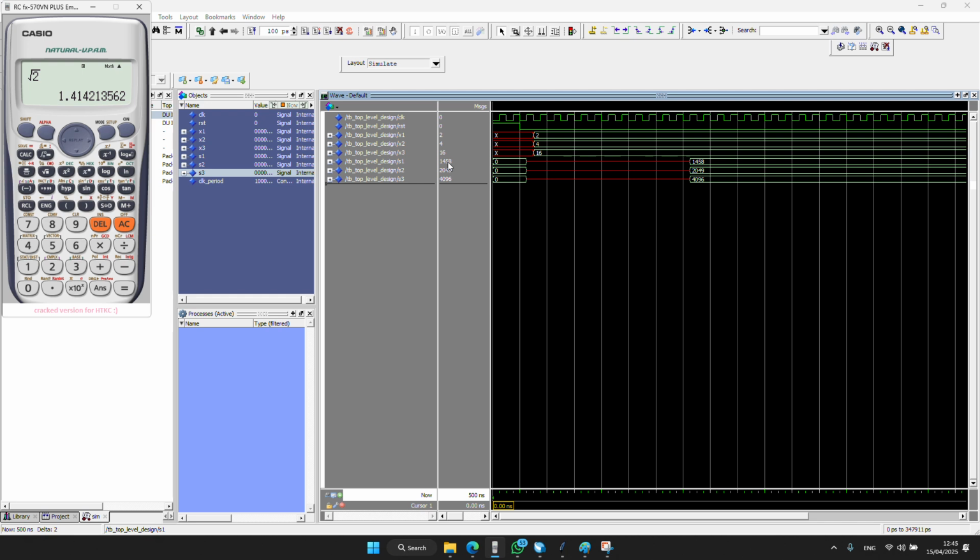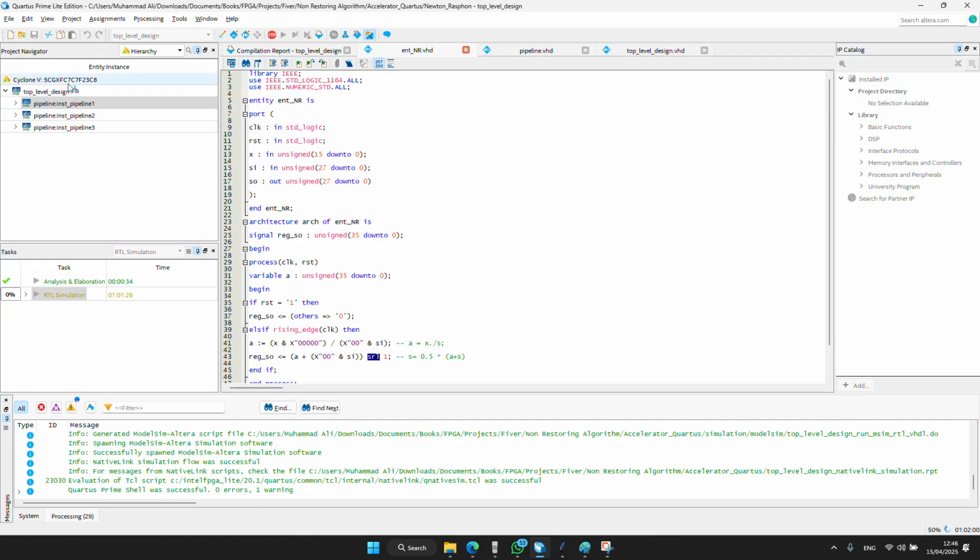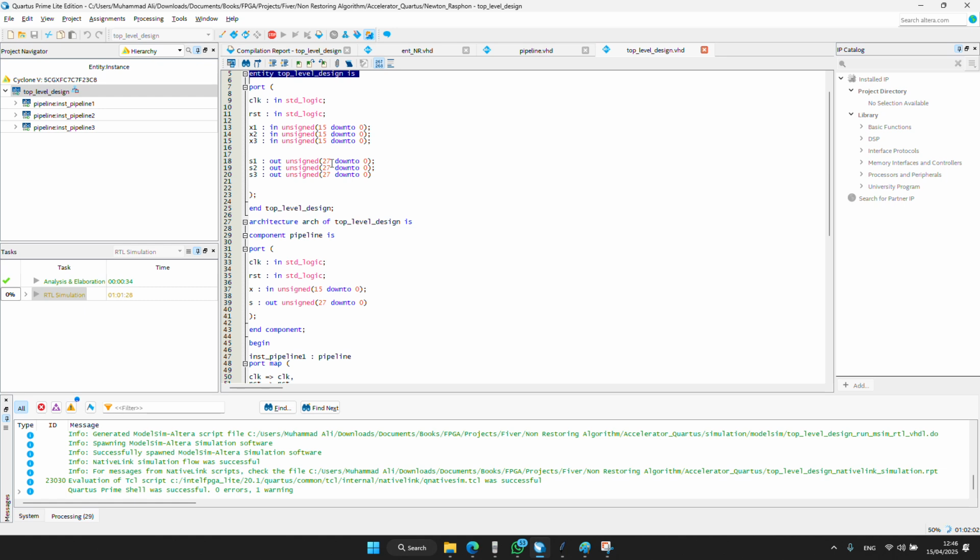We analyze the code and then through our working we can find out. But the shortest way, if you are given a code and you want to find out how many bits are fraction and integer, I'm going to show you the fastest way. First, we have to check how many bits the output is. We can check that by looking at the top level design, and we can see this is 28 bits.